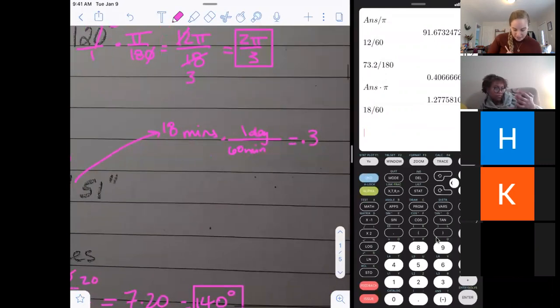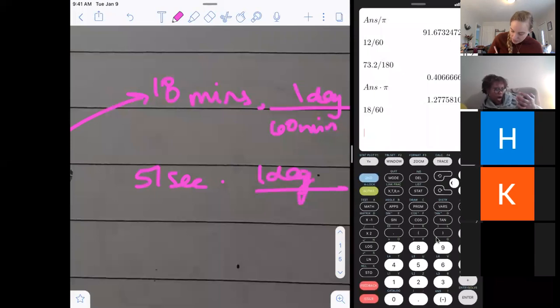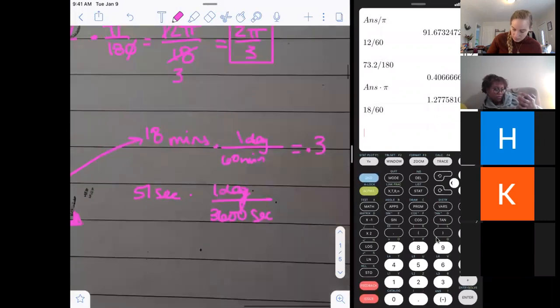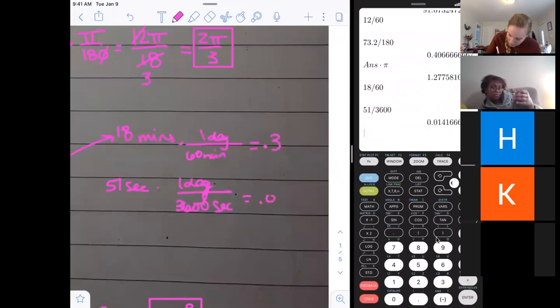But I also have seconds here, so don't forget about your seconds. Now I have to do 51 seconds times 1 degree on top, and then my seconds on the bottom, which is 3,600 seconds. 51 divided by 3,600, which is 0.014167.